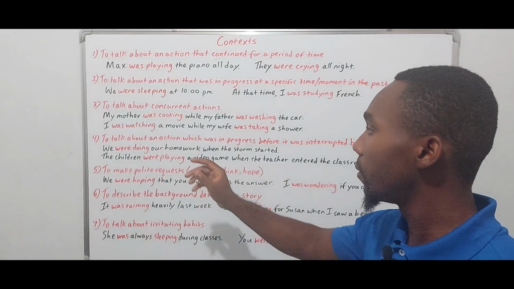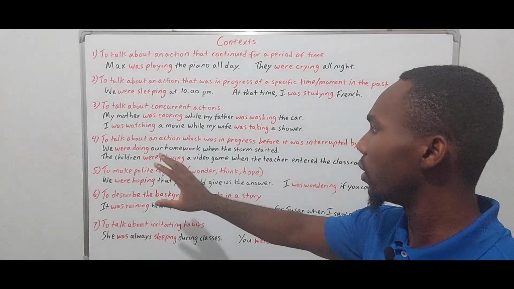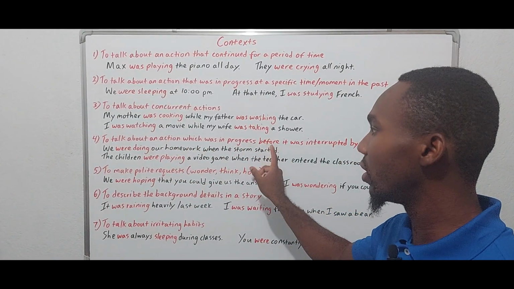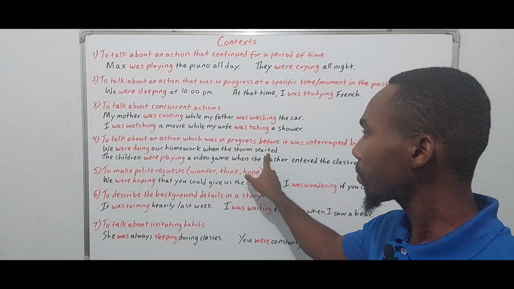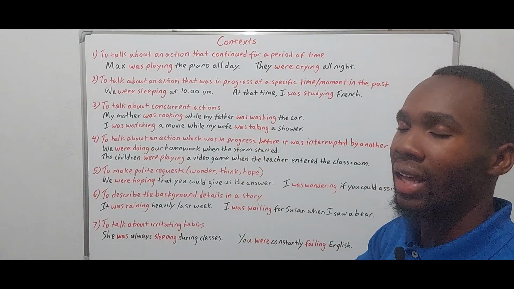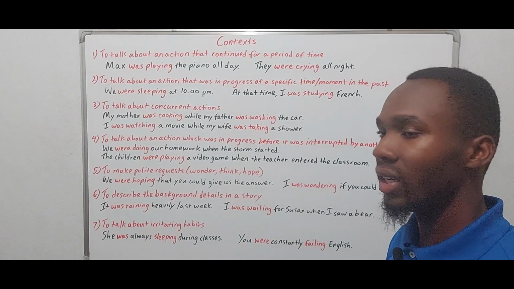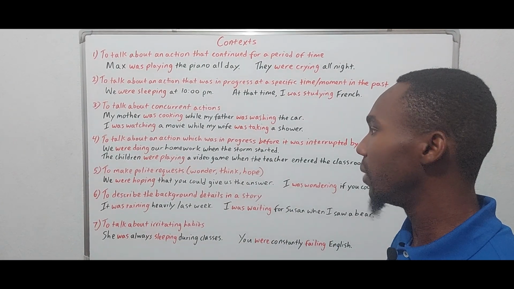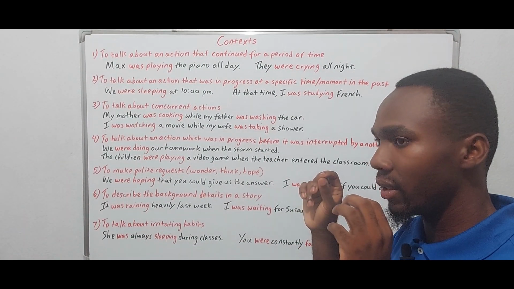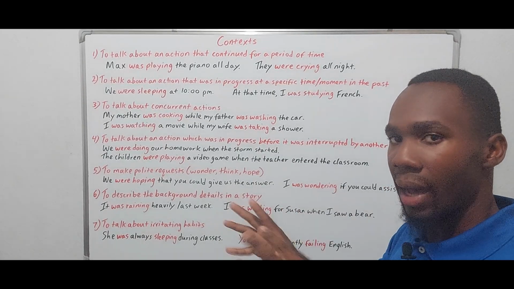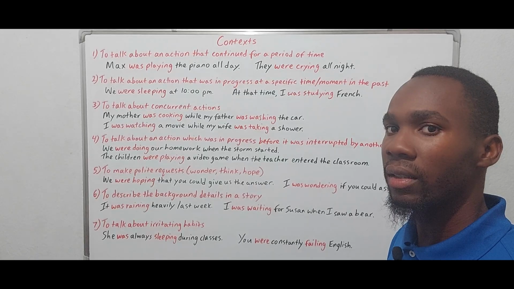For example, we were doing our homework when the storm started. Notice that the action that interrupts, with that action, we utilized the past simple because that was just an action that happened suddenly, right?